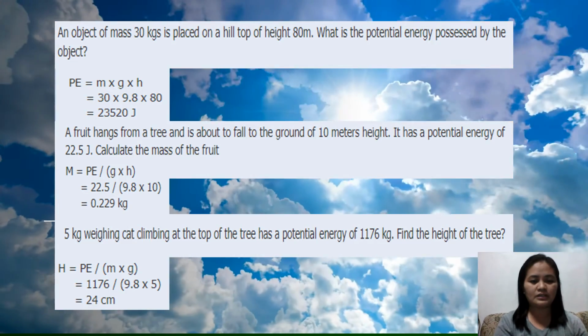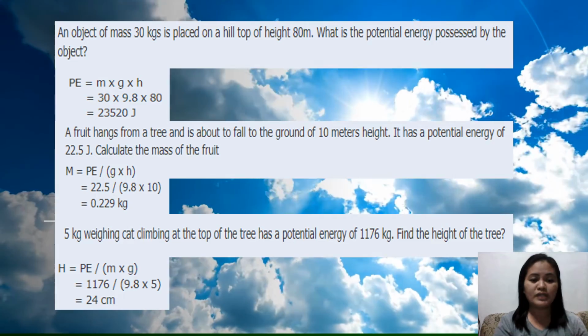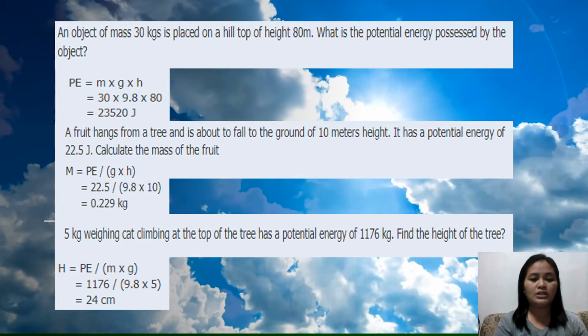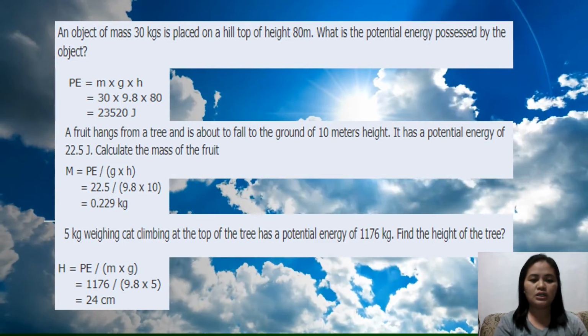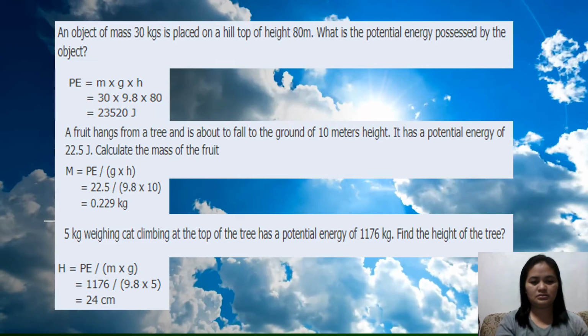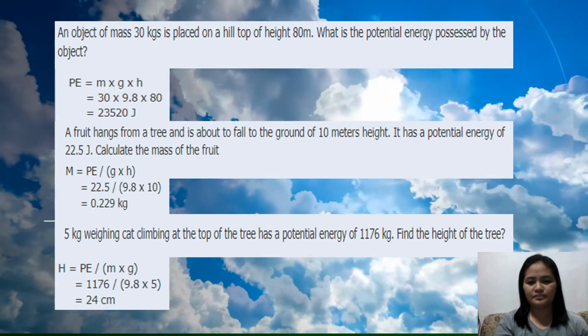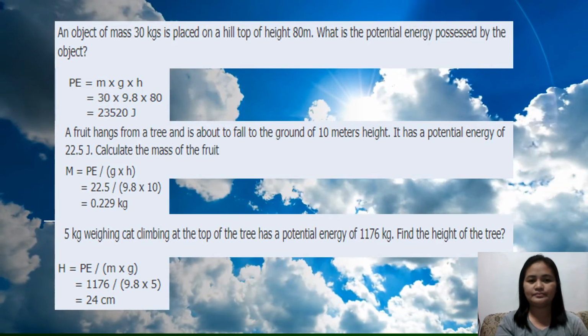If you will solve that, 1,176 divided by the product of 9.8 and 5 will give you 24 centimeters. Yun daw yung height nung tree. Bakit naging centimeter, madam? Conversion lang yan. Okay, let's continue.